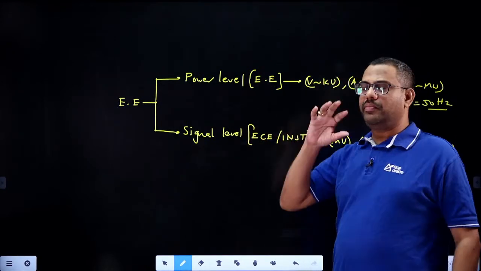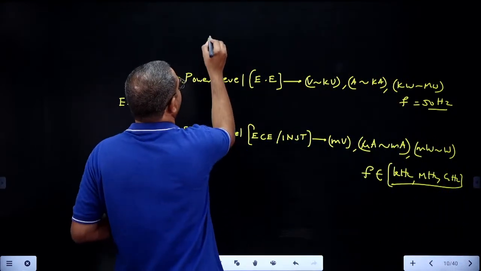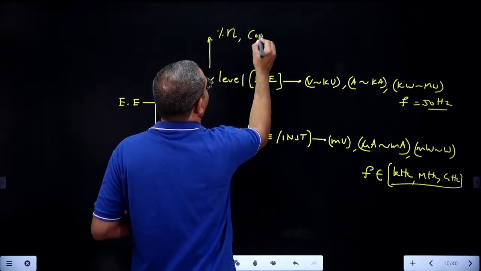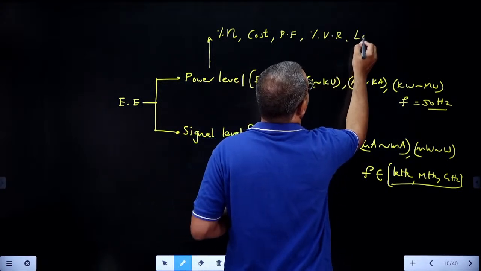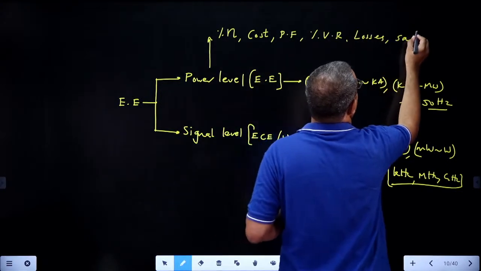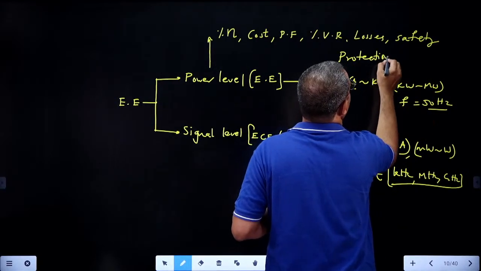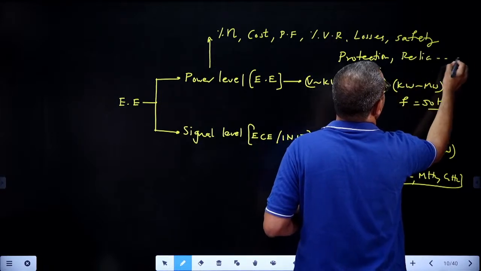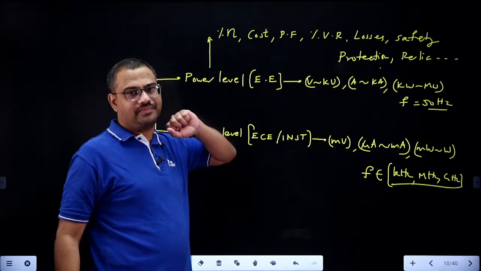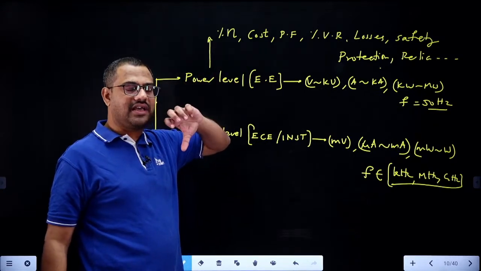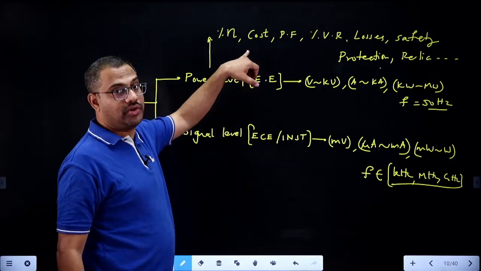Like electrical people, because they are dealing at power level, what is important for them? Percentage efficiency, cost factors, power factor, voltage regulation, losses, safety, protection, reliability, etc. I'm not writing neatly, but understand. Cost matters because it is costly at high level.